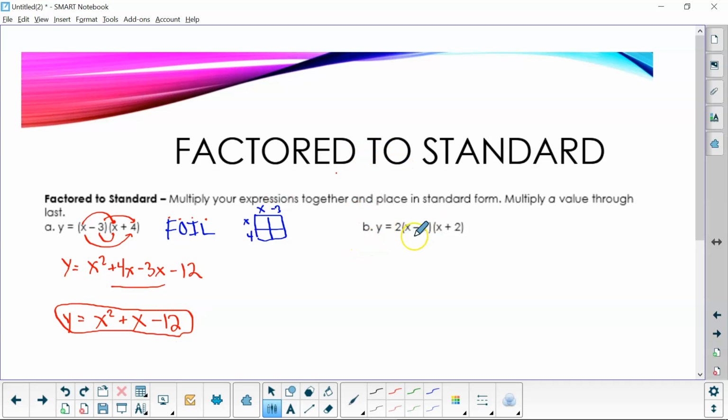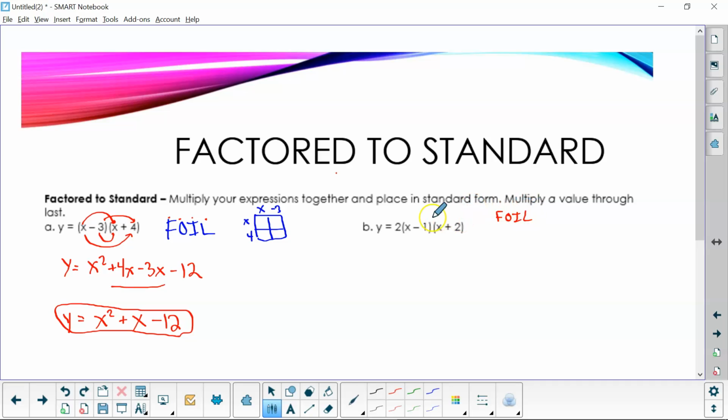Over here, I can either multiply this set of parentheses times this set of parentheses and then multiply the two, or I could multiply the two into either set. You've got to remember, multiplication is commutative, so it doesn't matter the order we go in. I'm going to go ahead and distribute again.